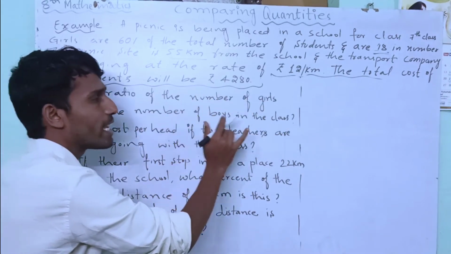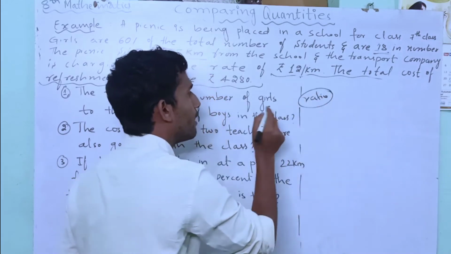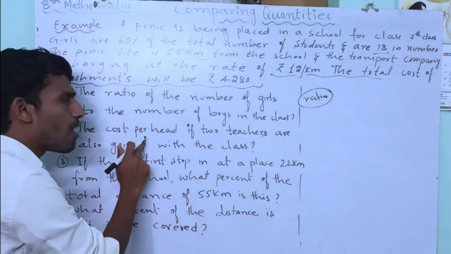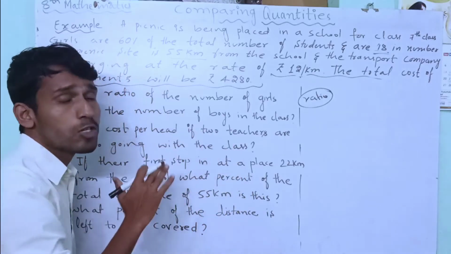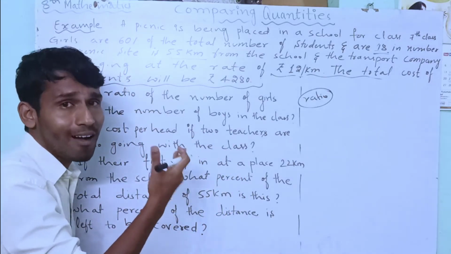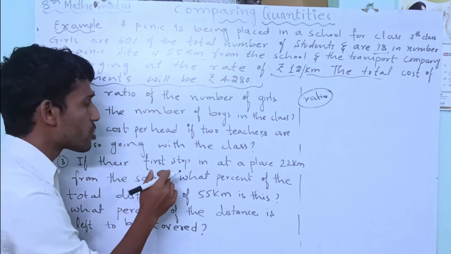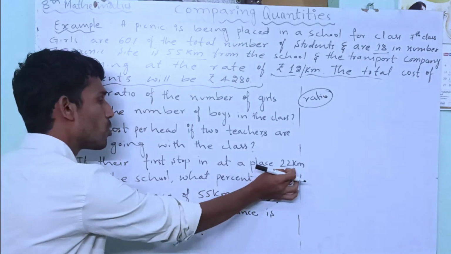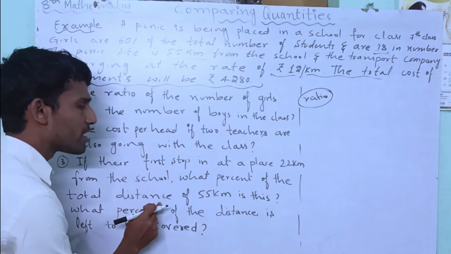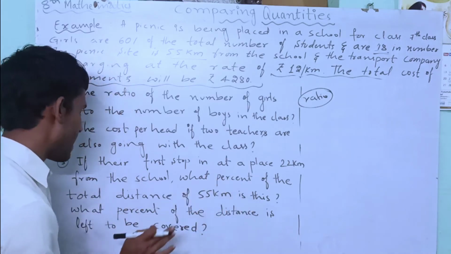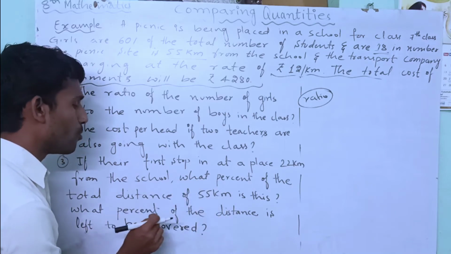Next, the cost per head if 2 teachers are also going with the students. Last, if their first stop is at a place 22 kilometers from the school, what percent of the total distance of 55 kilometers is this, and what percent of the distance is left to be covered?